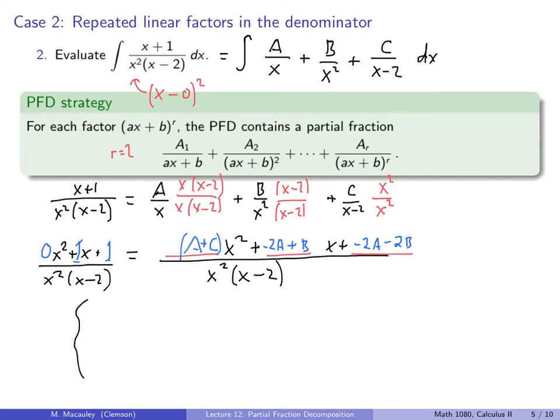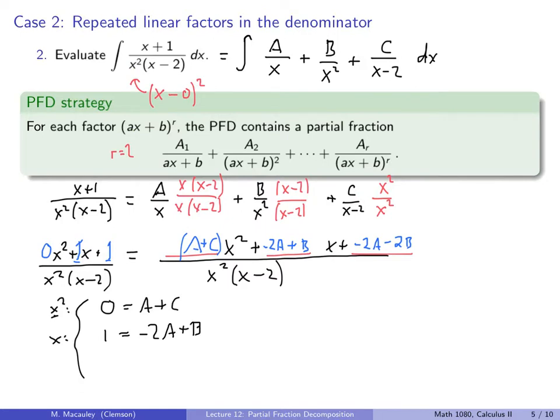So the x squared coefficient tells me that 0, that is this 0, has to equal a plus c. The x coefficient, 1x, tells me that 1 has to equal negative 2a plus b.